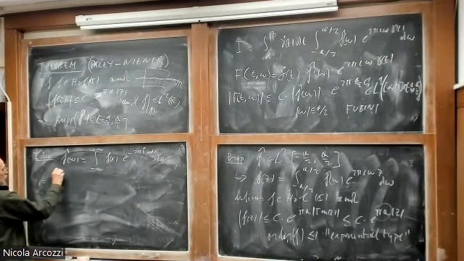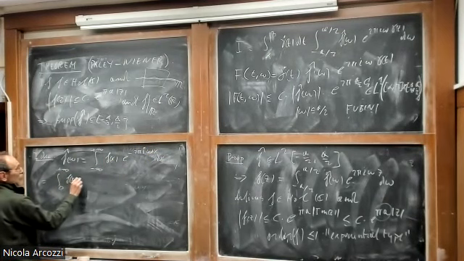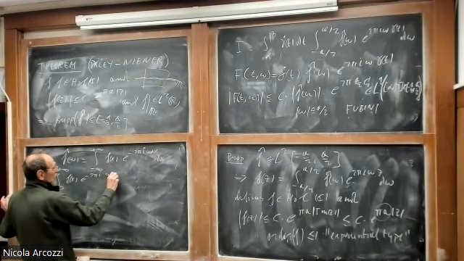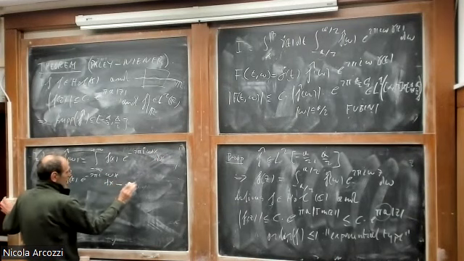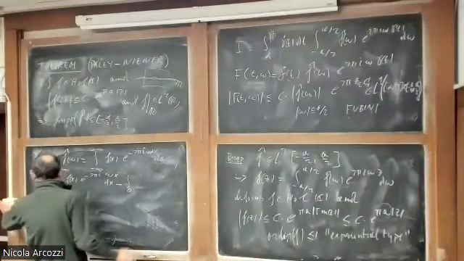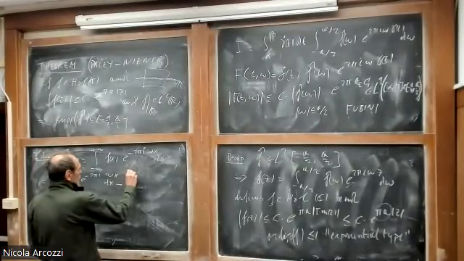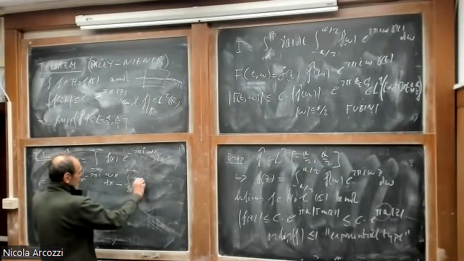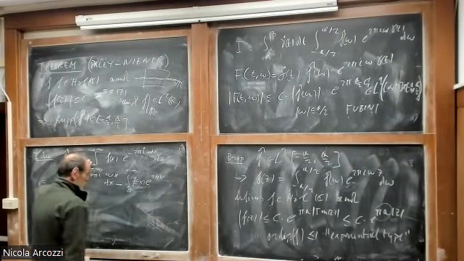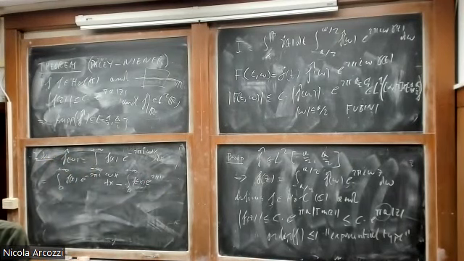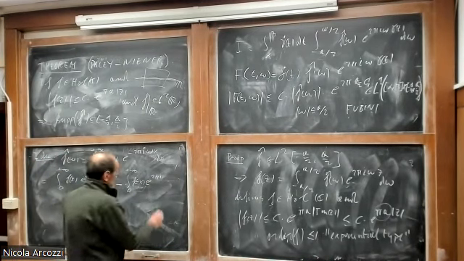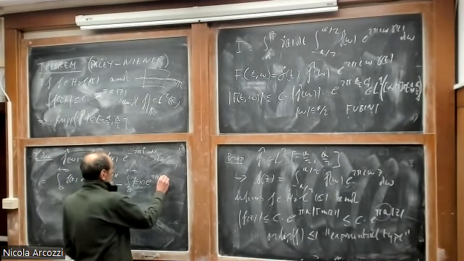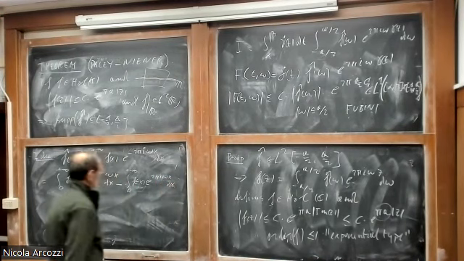I write it as the integral from 0 to infinity of f of x e to the minus 2 pi i omega x, minus the integral between 0 to infinity, and then on the negative axis I put f of minus x, times e to the 2 pi i omega x dx.